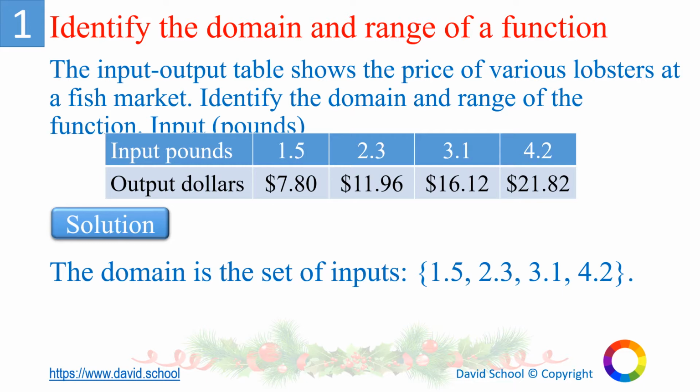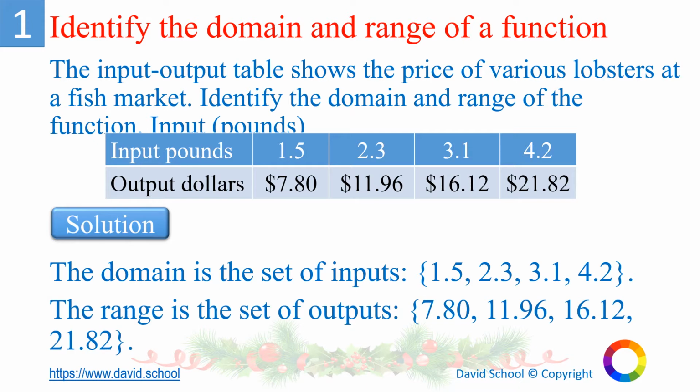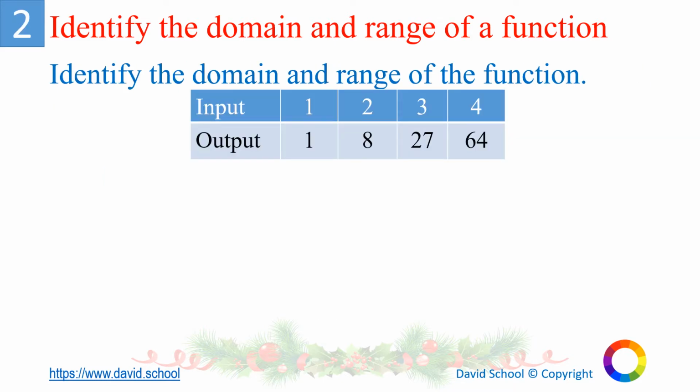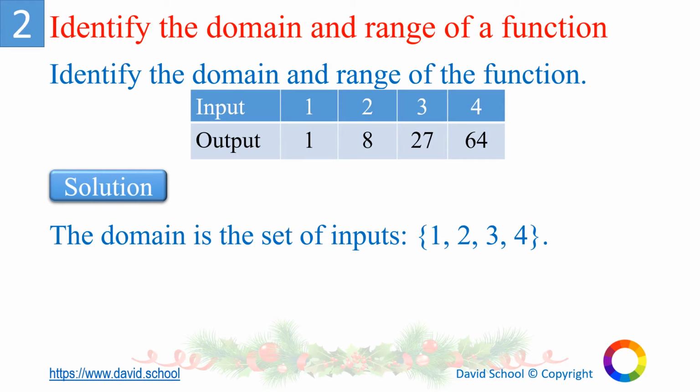And the range or output values are 7.8, 11.96, 16.12, and 21.82. One more example. Identify domain and range. Domain is the input values 1, 2, 3, 4, and range is 1, 8, 27, and 64.